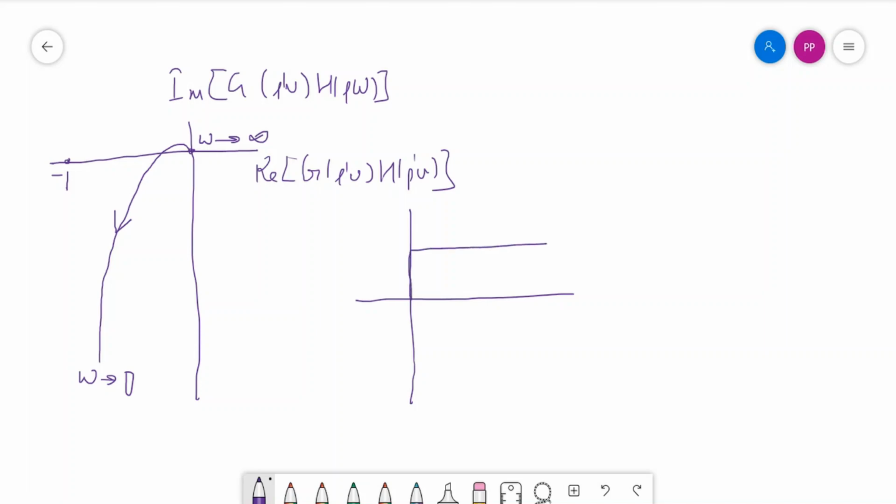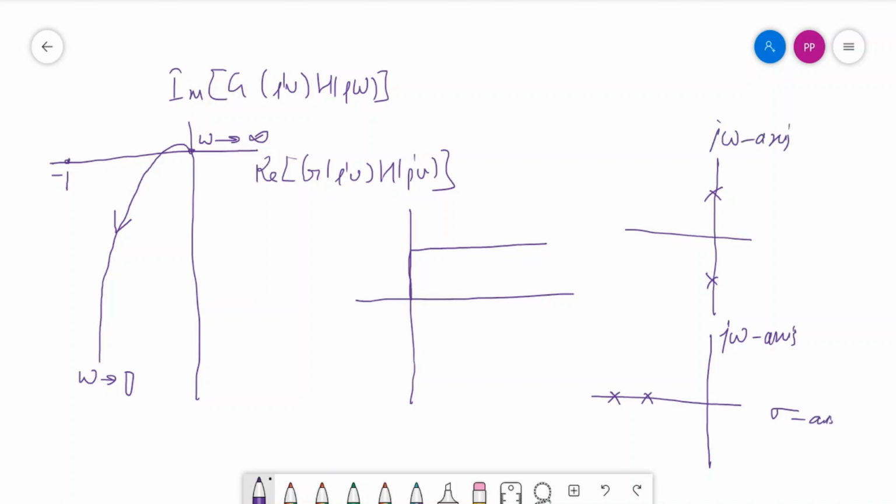I'm taking a simple example of two situations in the S-plane, where we have the poles on the imaginary axis and where we have poles on the real axis away from the imaginary axis. This is the j omega axis, this is the sigma axis, here again j omega axis, here again sigma axis.